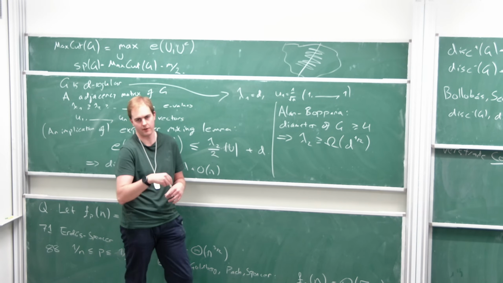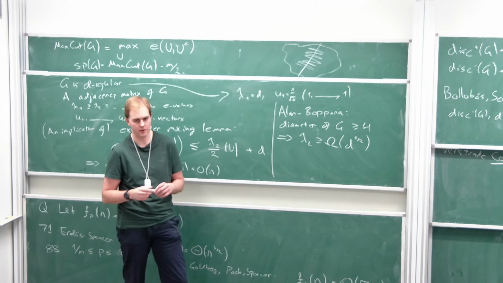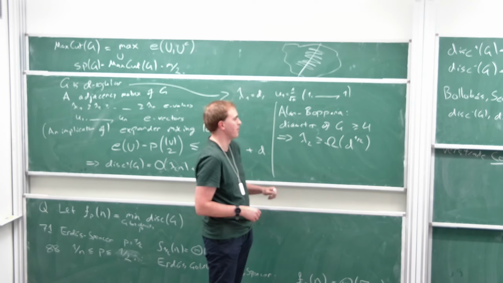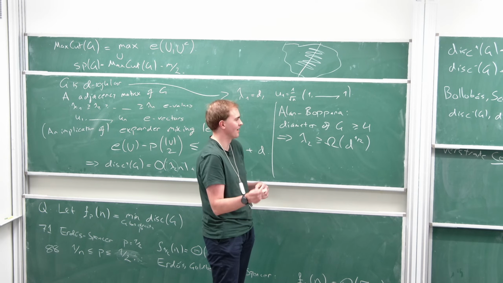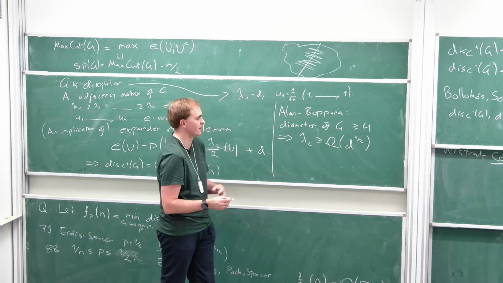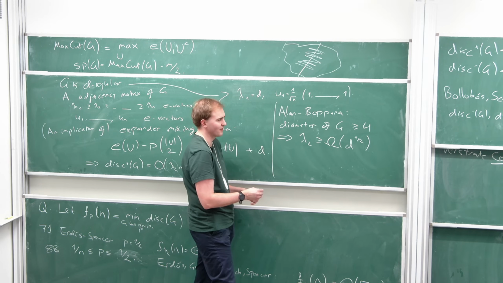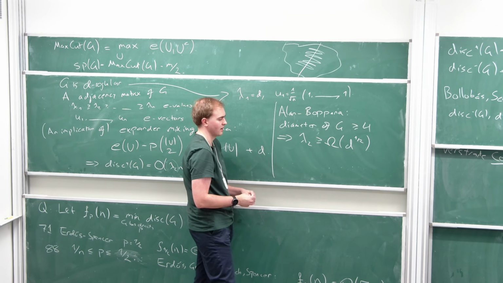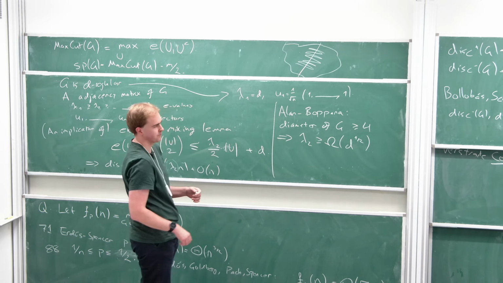Basically because then the second neighborhood could have size n to the 2/3 and the third neighborhood could cover the whole graph. So there are quite sparse graphs already where we don't know anything about the second eigenvalue.